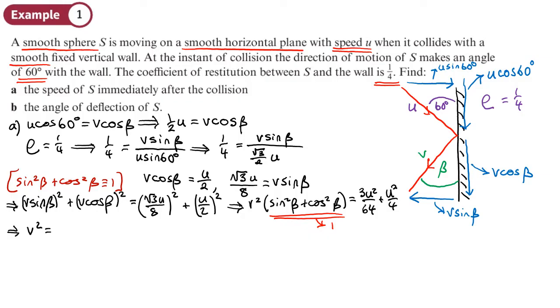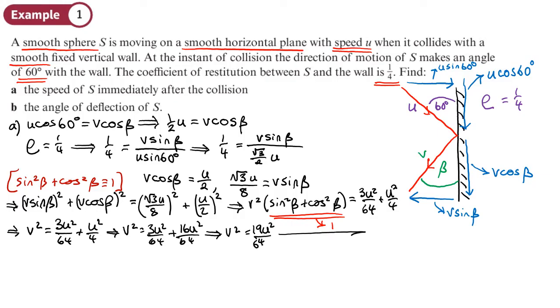So next step, I will have v squared equals 3u squared over 64 plus u squared over 4. If I make the denominators the same, that means timesing the second fraction, the top and the bottom, by 16. I will have 16u squared over 64. So that gives me v squared equals 19u squared over 64.